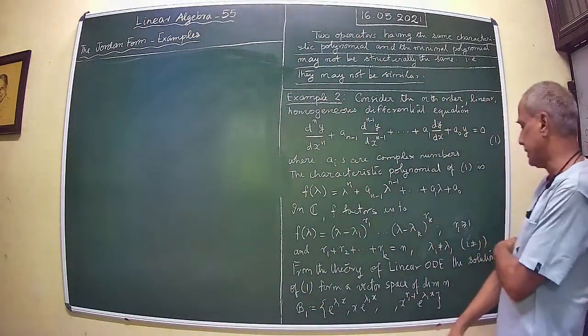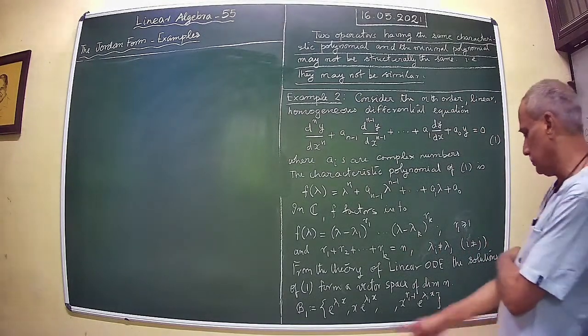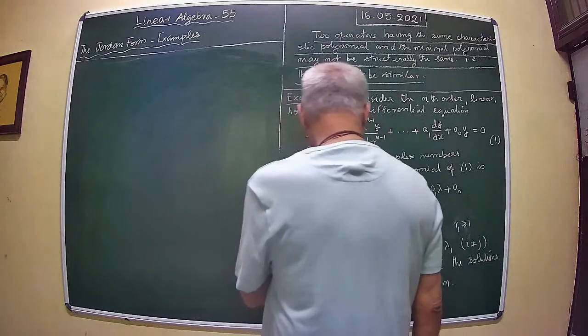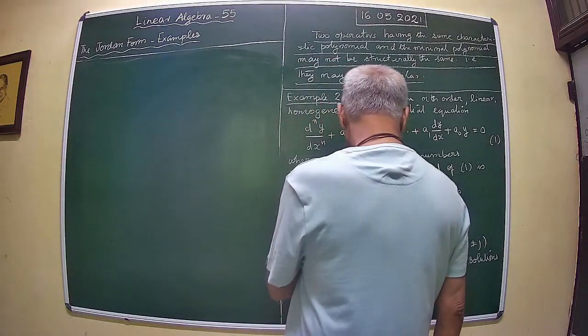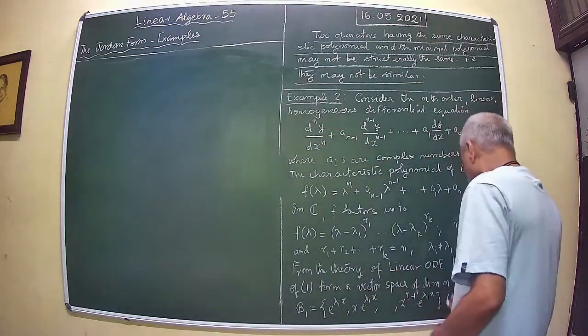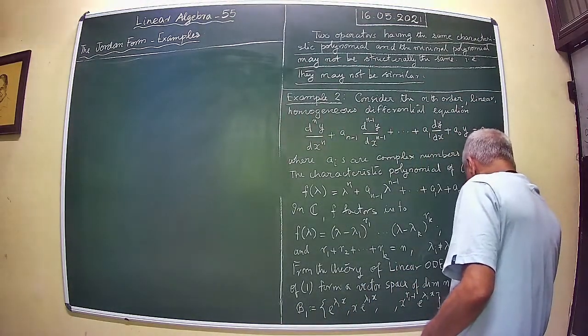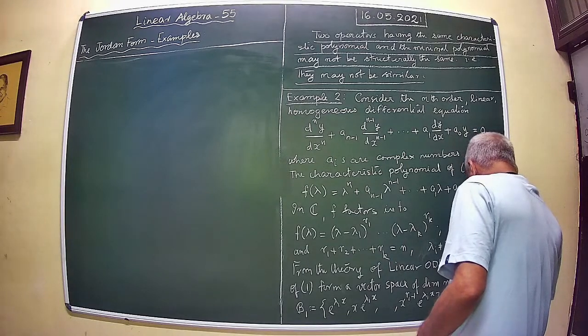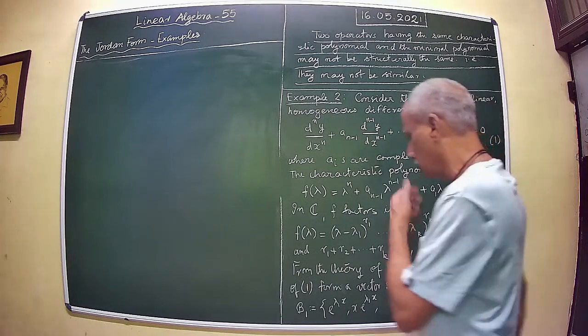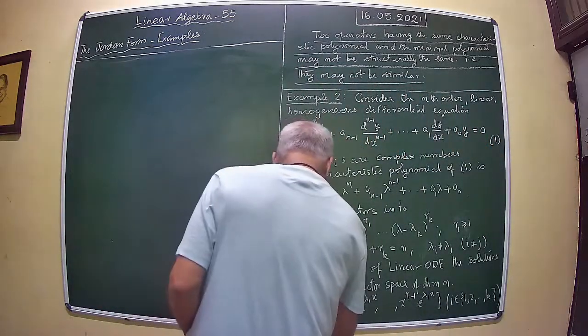If you look at this collection of vectors, this is Vi.